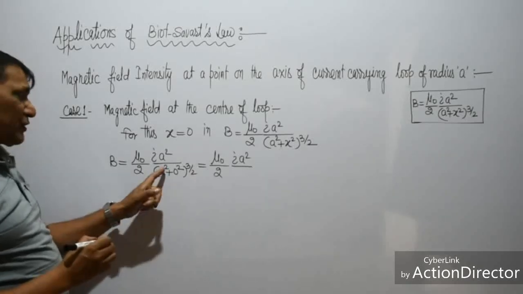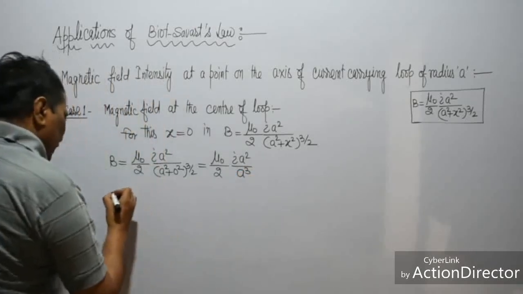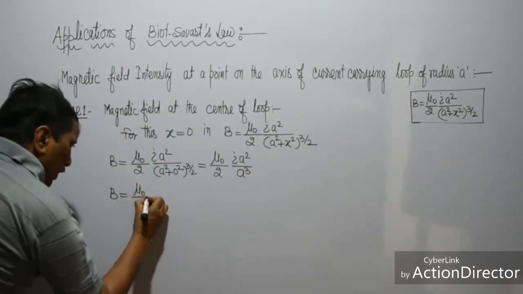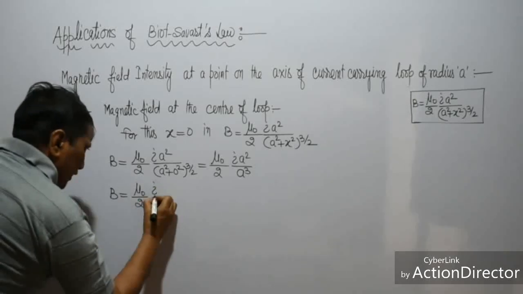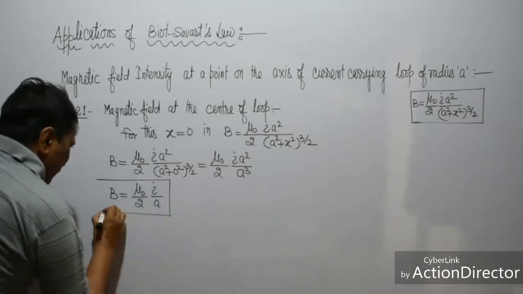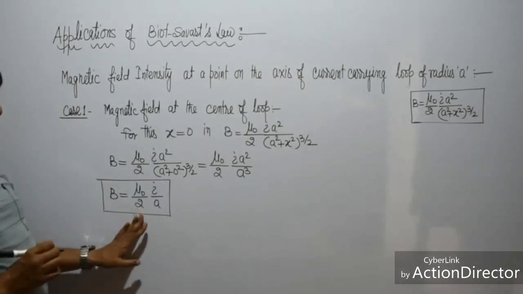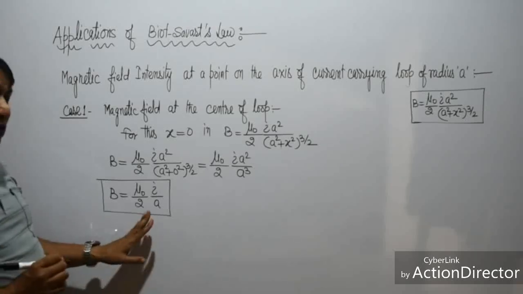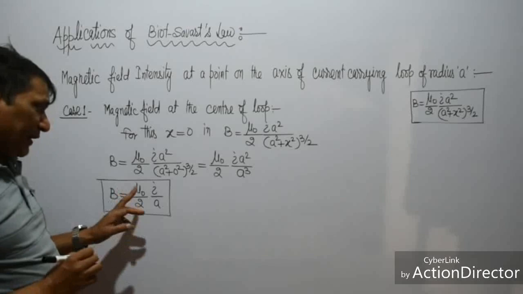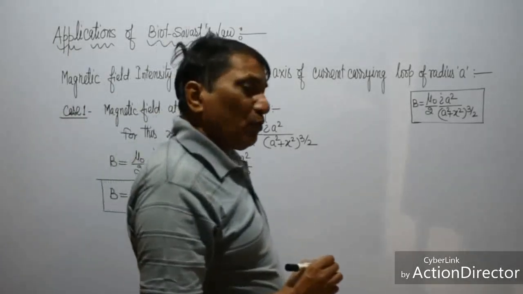So this 2 cancels this 2, and here we have a cube. So the expression becomes mu 0 upon 2 I upon a, where a is the radius of the loop. So this will be the magnetic field intensity at the center of the loop having a current I, and the radius of the loop is small a.